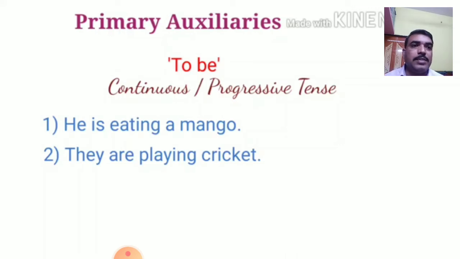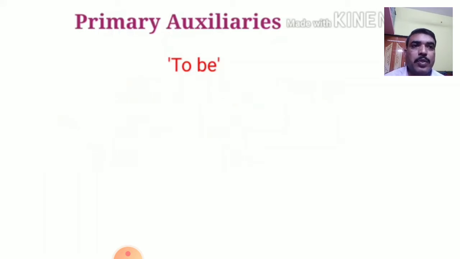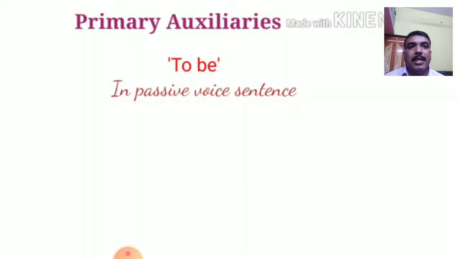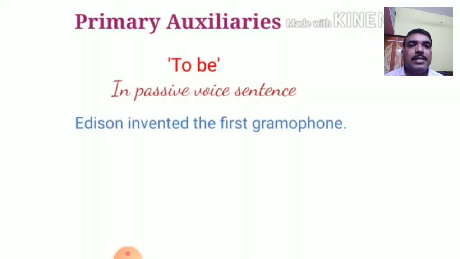They are used as a to be verb in the continuous and progressive tenses. In passive voice sentences, to be verbs are also used, like you can see in this sentence. Edison invented the first gramophone.